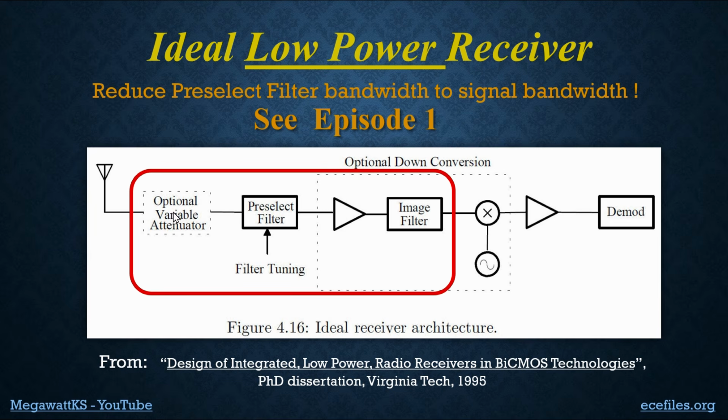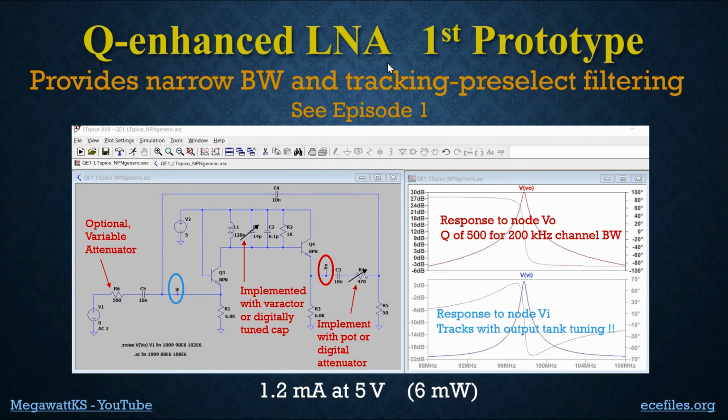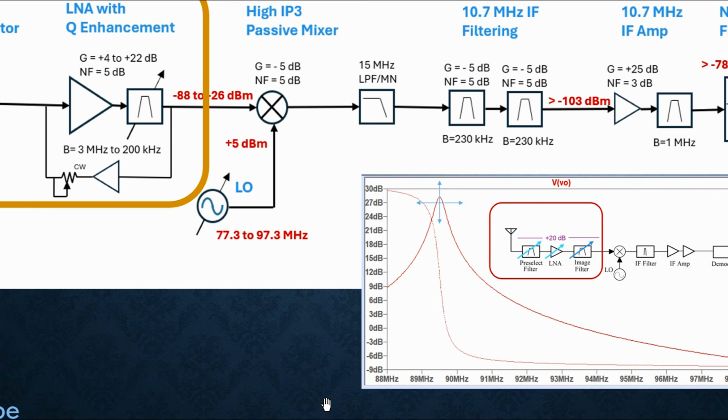And in reality, we probably want a variable attenuator in front of it as well. So this stuff is discussed in this document, which is my dissertation that I wrote a long time ago. And we did some Q-enhanced LNAs in that work. But this is from the radio design series material. What we're trying to do here is get something that basically looks like this, where we have narrow image filters and a pre-select filter, and they both track and tune when you change the frequency of your receiver.